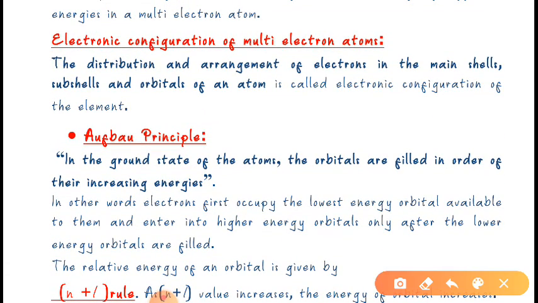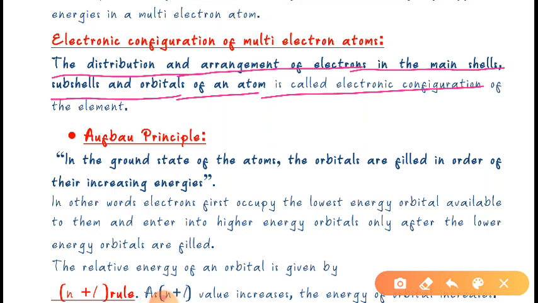So in the multi-electron system, the distribution and arrangement of electrons in the main shell or subshell or orbitals of an atom is called the electronic configuration of the element. Okay, so what is this electronic configuration? Electronic configuration is nothing but an arrangement of electrons in the main shell, or we can say in the subshell, or we can say the orbitals of an atom.